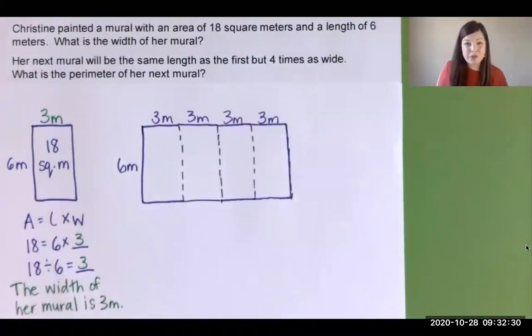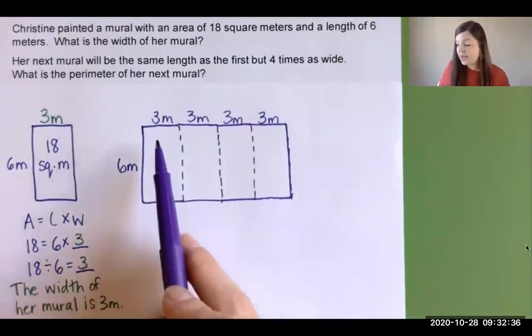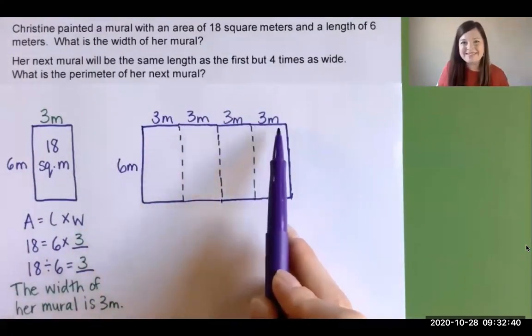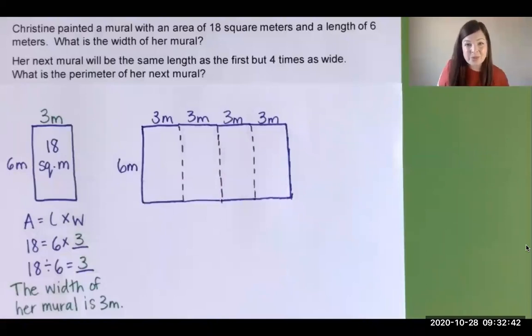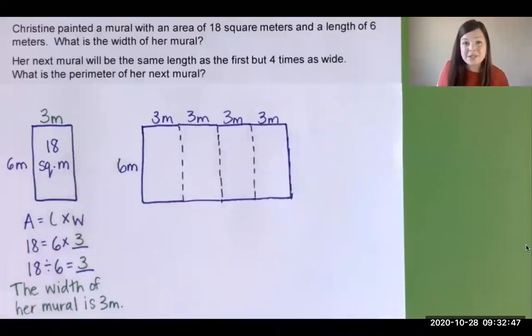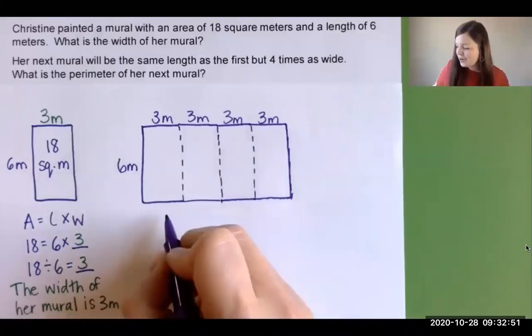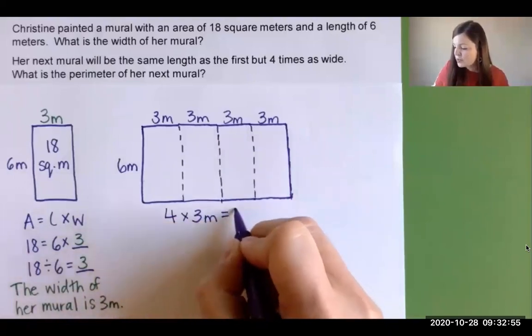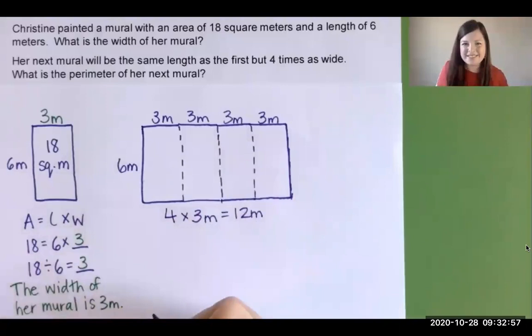Welcome back. Does your drawing look similar to mine? In our drawings, we should be able to see 4 copies of 3 meters. Tell me a multiplication sentence we could use to find how wide Christine's next mural will be. 4 times 3 meters equals 12 meters.